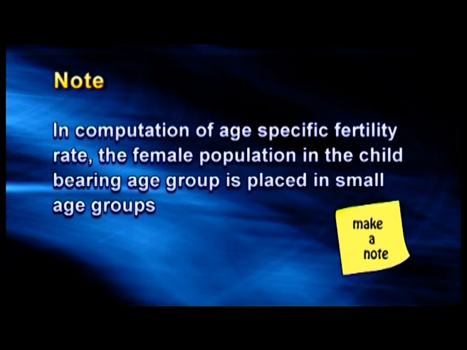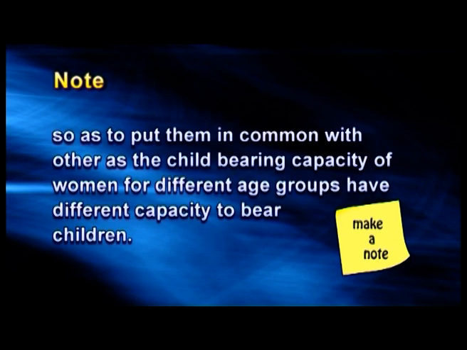Make a note. In computation of age-specific fertility rate, the female population in the childbearing age group is placed in small age groups so as to make them comparable with each other, as women in different age groups have different capacity to bear children.